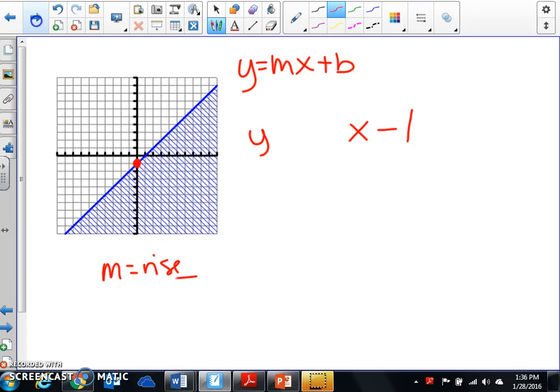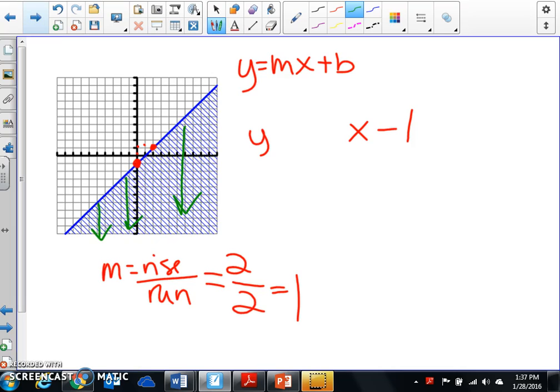Rise over run. I'm going up the hill, so it's positive. I'm going to use this one. So I go up 2 over 2. 2 over 2 is 1, so it's just x. And then all of my values are going down. So once again, this is less than or equal to, because it's a solid line.